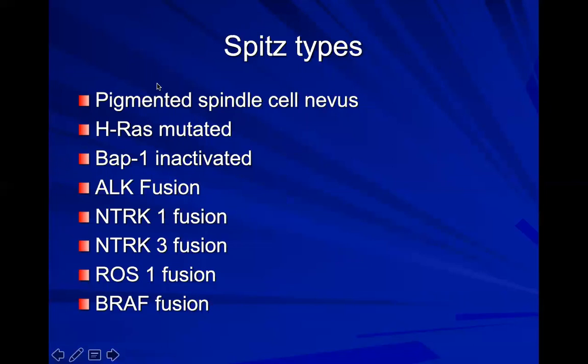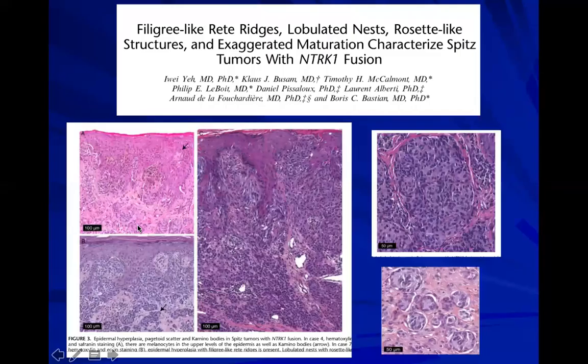Now, a lot of work, especially at UCSF, has been done looking at individual mutations when they've sequenced these so-called Spitzy type of nevi, because sometimes they're spindled, sometimes they're round, they have different architectures, and they found that some of them have various mutations that correlate with consistent architectural patterns.